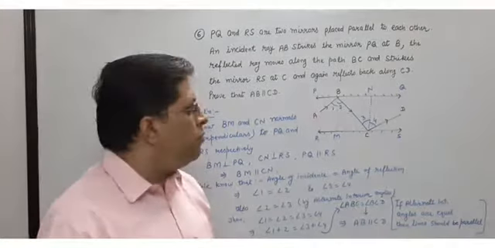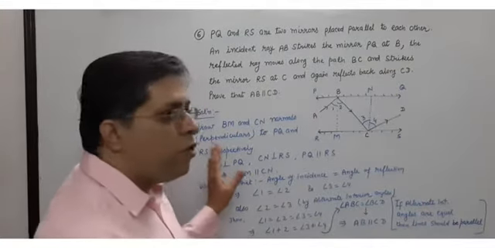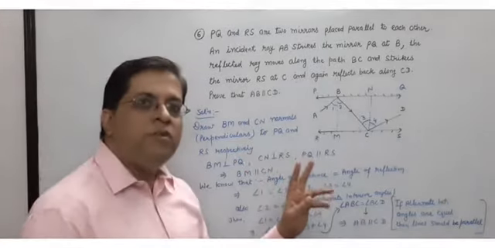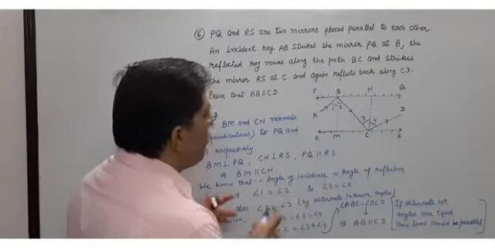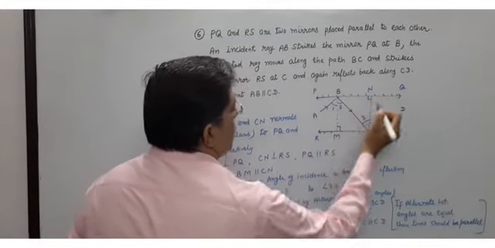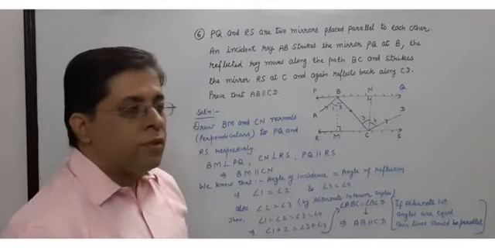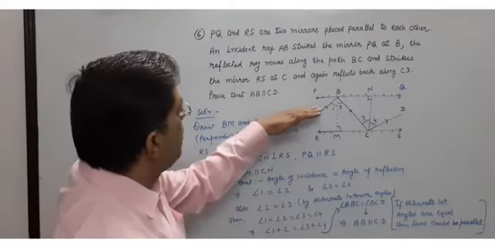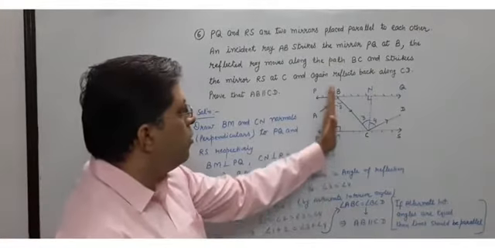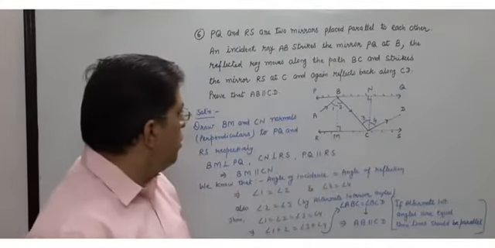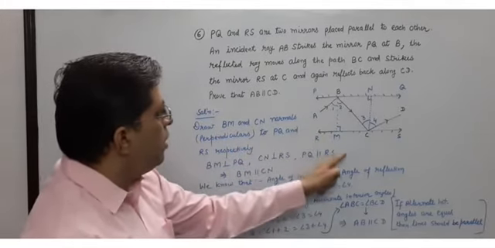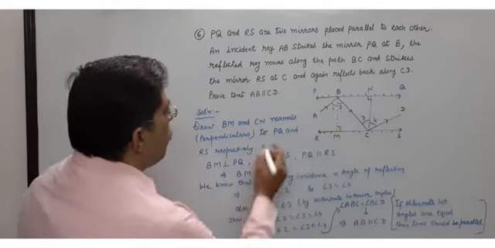Just a very simple one. Basic question is, what am I going to do? I am drawing two normals. Normal means perpendicular. These two are normals here. And these two, PQ and RS, both are parallel also, and these two are normals on them. Draw BM and CN, two normals.